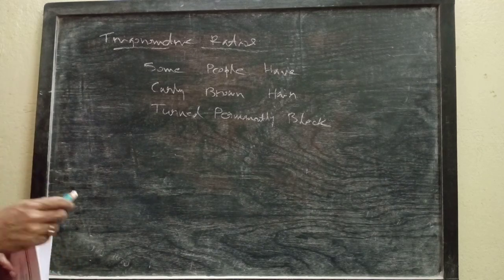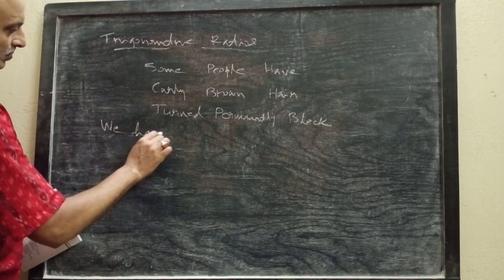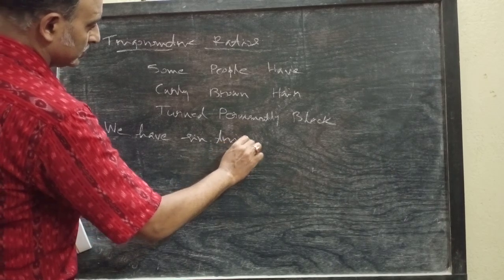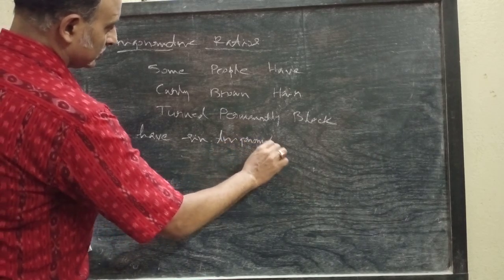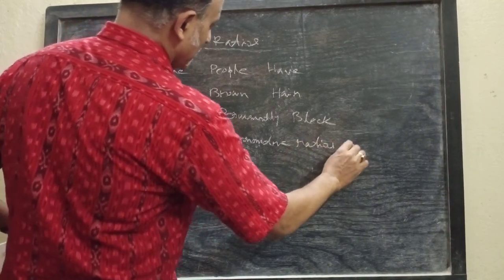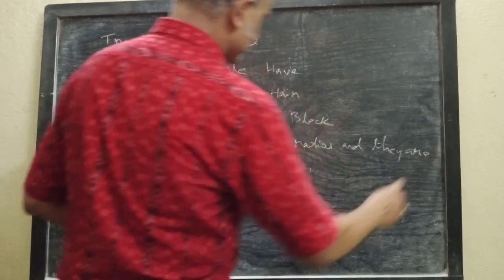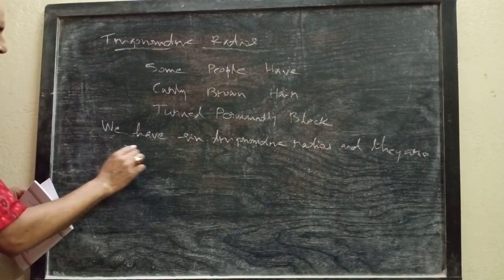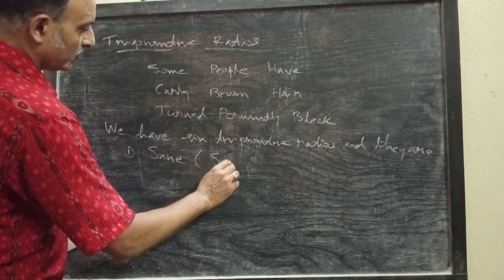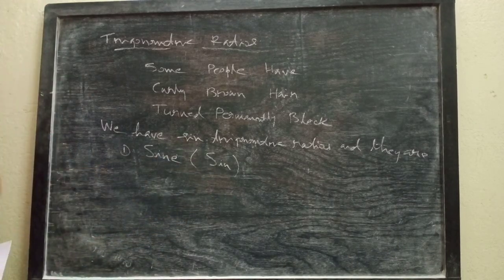We have 6 trigonometric ratios, and they are: number 1, sine, which we actually write as sin but pronounce as sine.